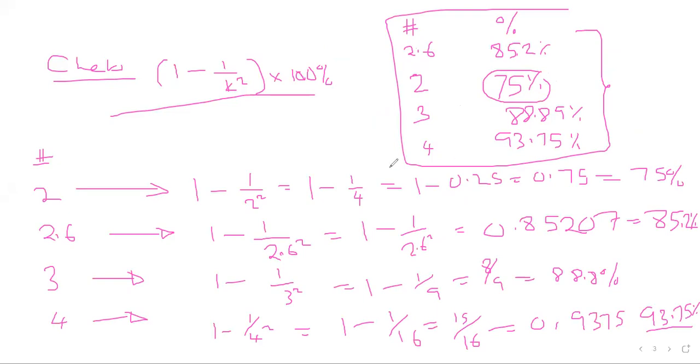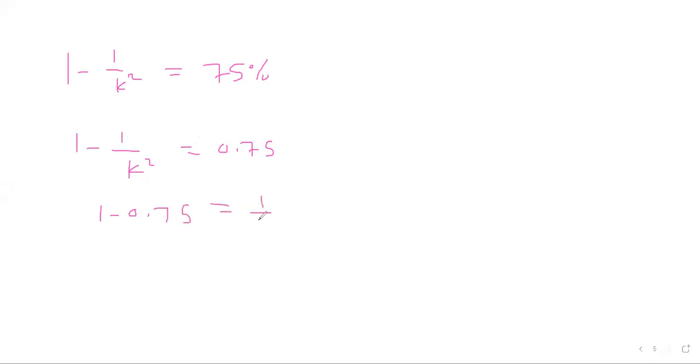All right. I've shown you how to do it. If you don't know how to calculate the 2, you can just use this rule. If I'm given 75%, I know that using Chebyshev's rule, I'm going to have 1 minus 1 over k squared equal to 75%. But how do I get the 2 there? We calculate 1 over k squared is equal to 1 minus 0.75, which is 0.25.